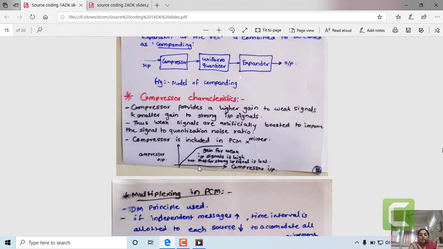But after a certain input range of the compressor, the output value is kept constant to keep the SNR value constant even though the input value goes on increasing. This is how the compressor characteristic helps in artificially boosting the weaker signal.